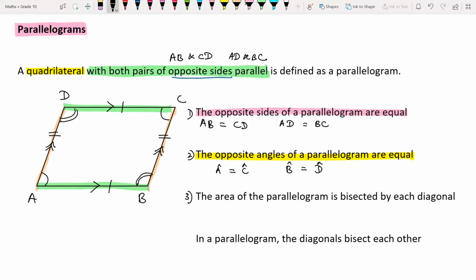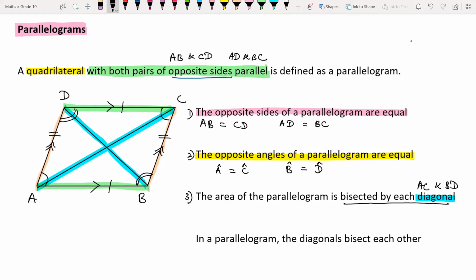Okay, the next point is the area of the parallelogram is bisected by each diagonal. Right, now when we draw the diagonals like this, these are the diagonals of this parallelogram. If I name them, it's AC and BD. Now it says area of the parallelogram is bisected by each diagonal.